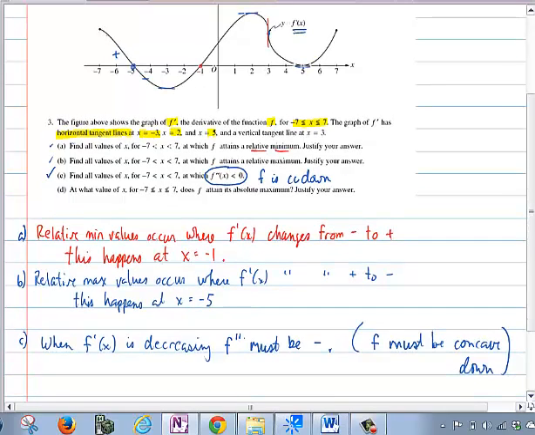My derivative function is decreasing on the interval from -7 up through 3. Right here, this happens on the interval closed from -7 up to -3. And it doesn't have to be closed. I don't think they take off points for closed or open intervals when you're describing intervals anymore.